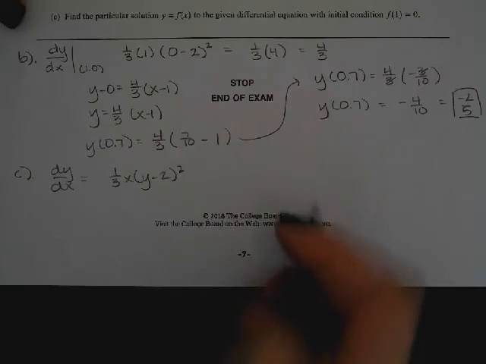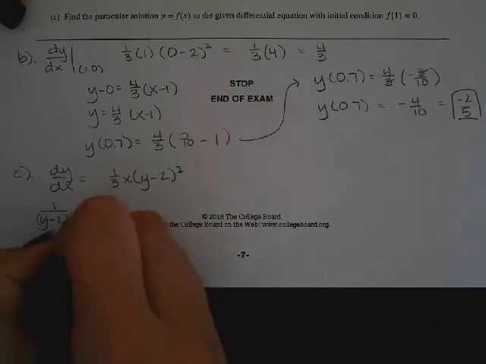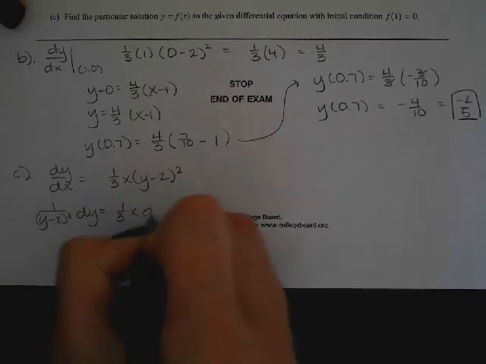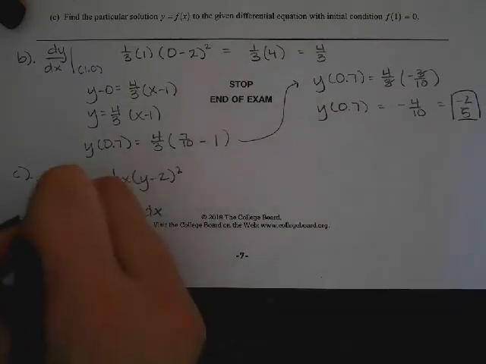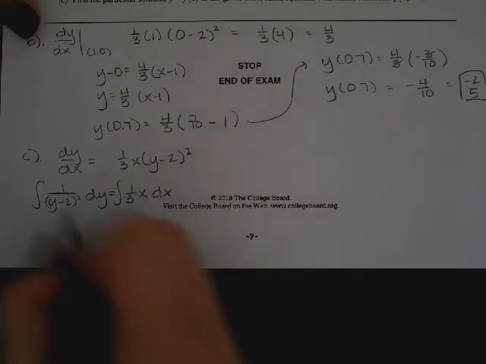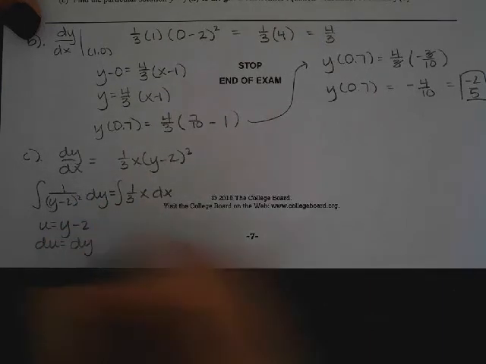So I'm going to go ahead and divide the y over. And then I'm going to integrate each side. And on the left side, I do have a u substitution problem. You can get away without doing it, but I'm going to go ahead and do it anyway.